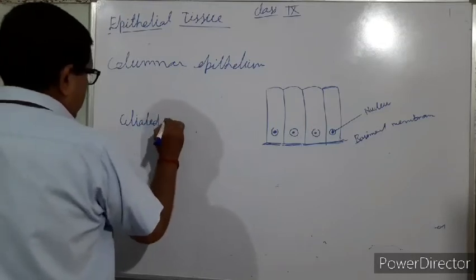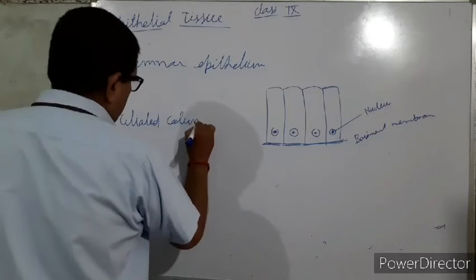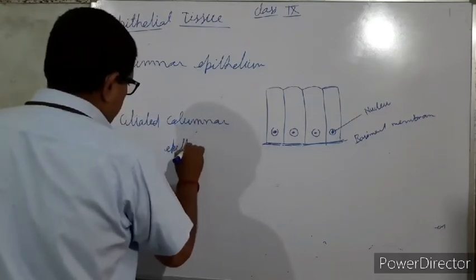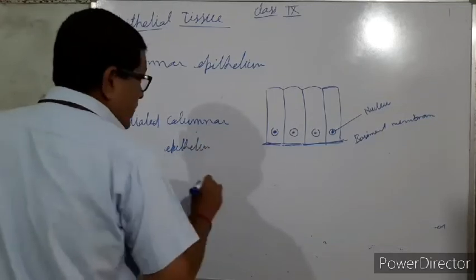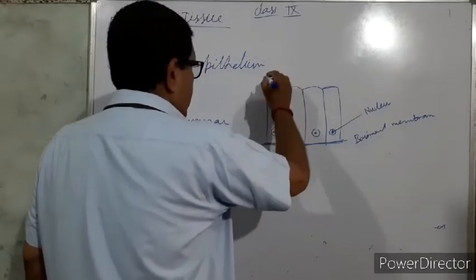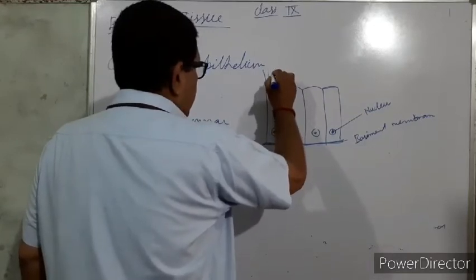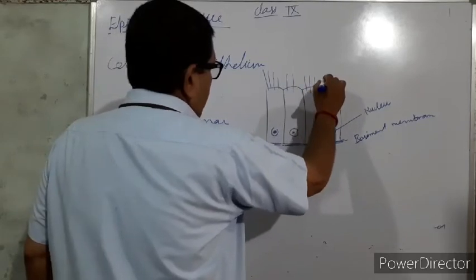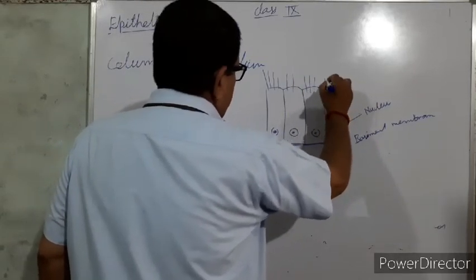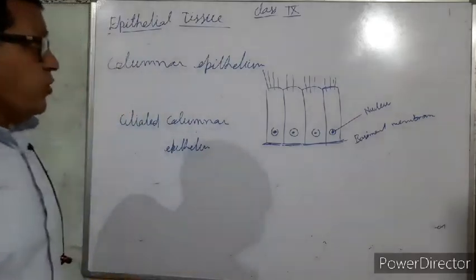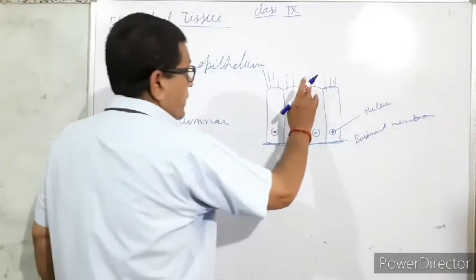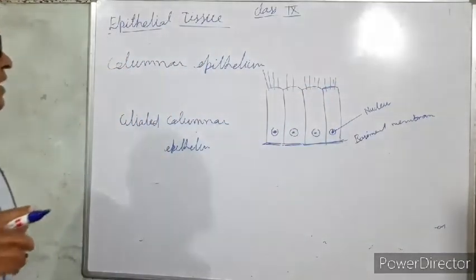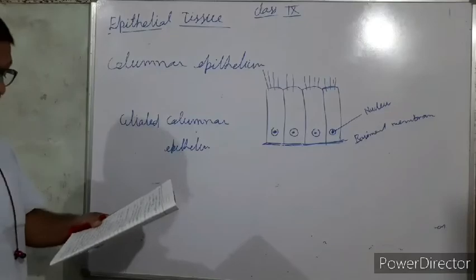Suppose this is the epithelium, and if it bears cilia at the fringe, such epithelium is called the ciliated columnar epithelium.